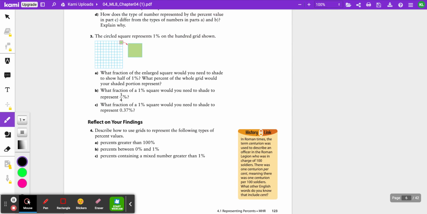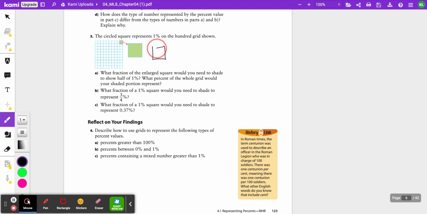We can represent percents that are greater than 100% or less than 1%. So on a 100 grid, which you're working on today, each little square represents a percent. If I have a fraction percent, like 3/4, I'm going to have less than a little square filled in.